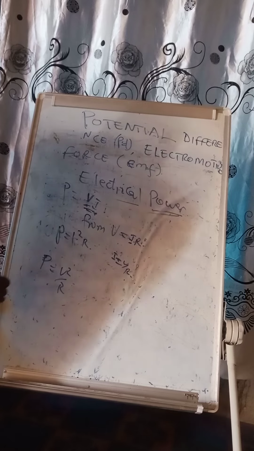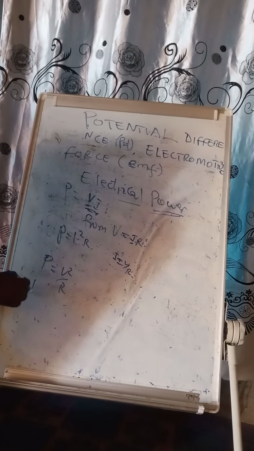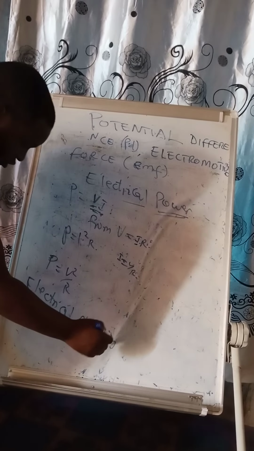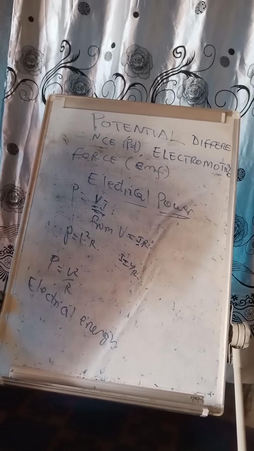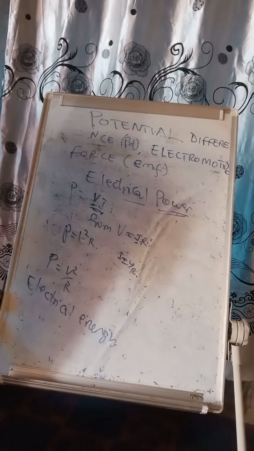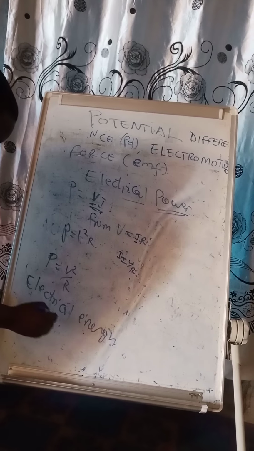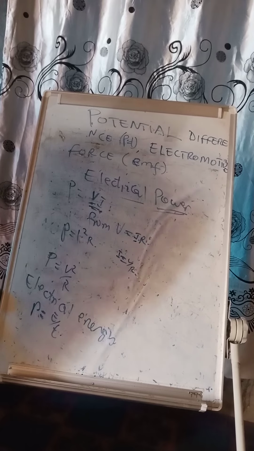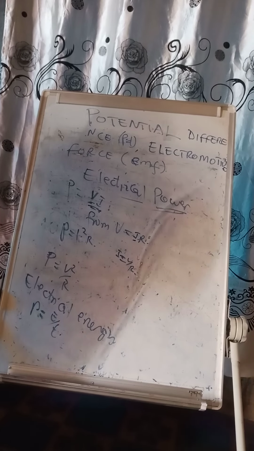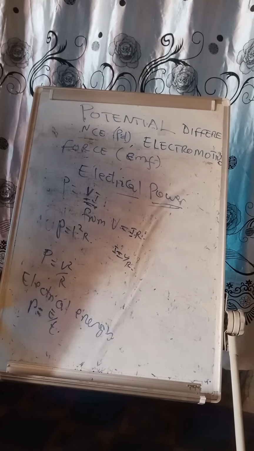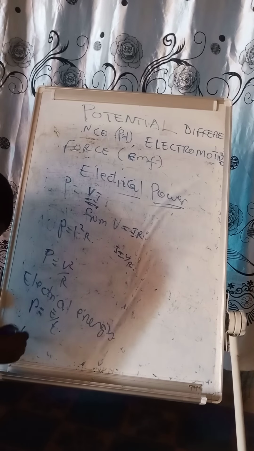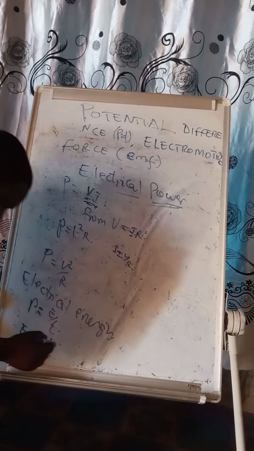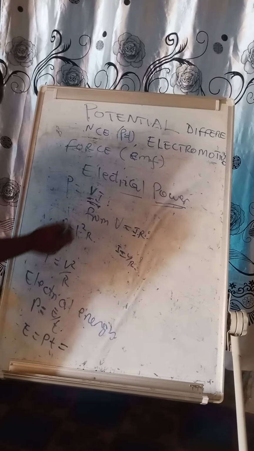We can also calculate electrical energy, another form. Now we say power is equal to energy over time. So our energy will be equal to PT.